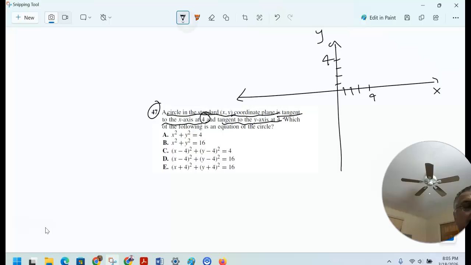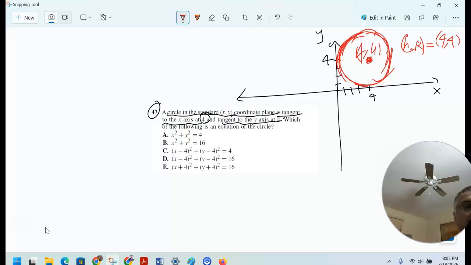At these two places, the circle is tangent to both axes. So the center becomes 4 and 4, which is h and k. So the center is represented by h and k, and that is 4 and 4.